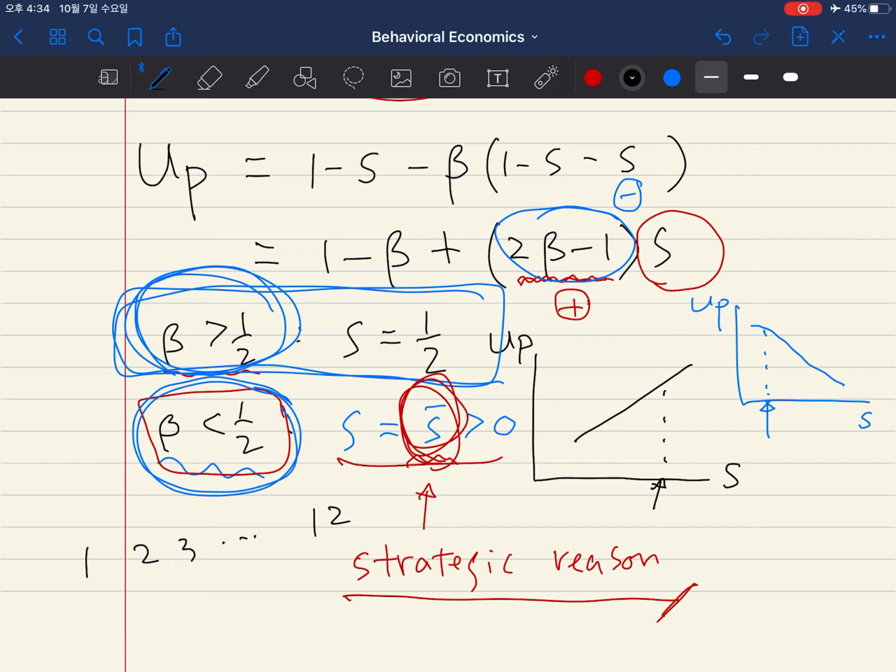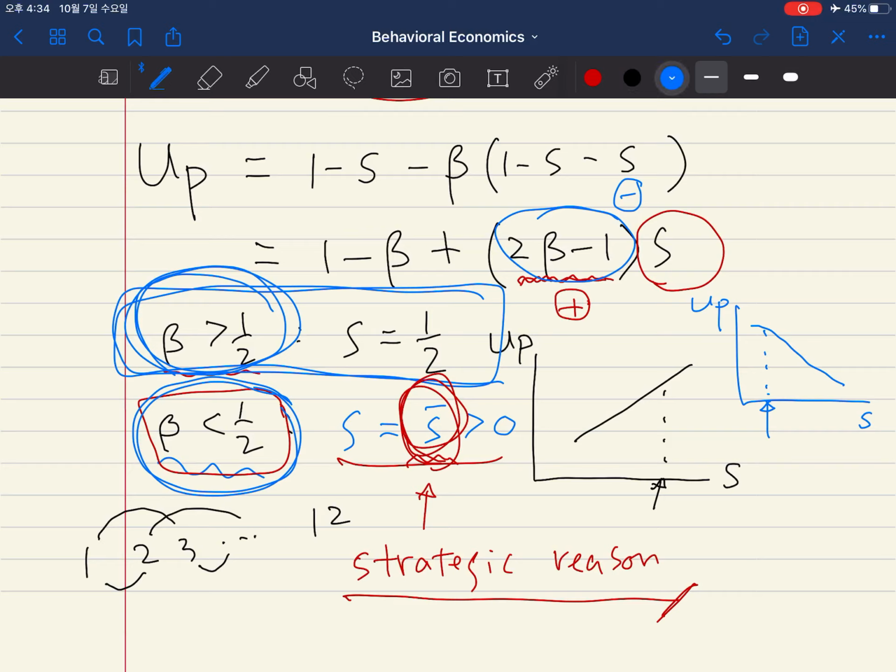Then in the first round, we group the first and second individual as one team, and the third and fourth individual as one team, and so on. And we let them play the ultimatum game. And in the second round, we shuffle them. So now the first and third individual become a group, and the second and fourth individual become one group, and so on. And we let them play the ultimatum game again, and so on.